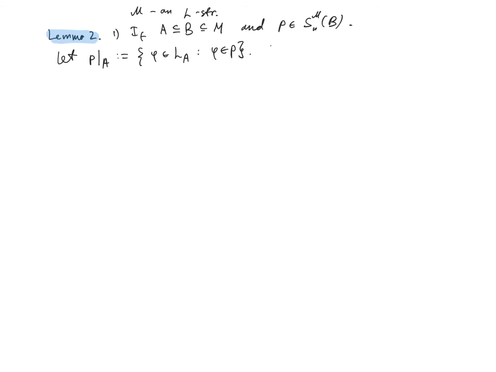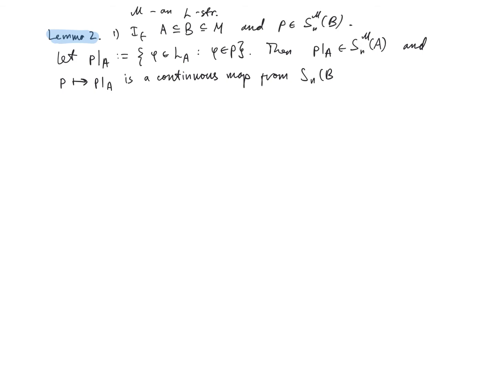Then we have that p restricted to A is itself a complete type over A, and the map which sends p to its restriction to A is a continuous map from the space of types over B onto the space of types over A.